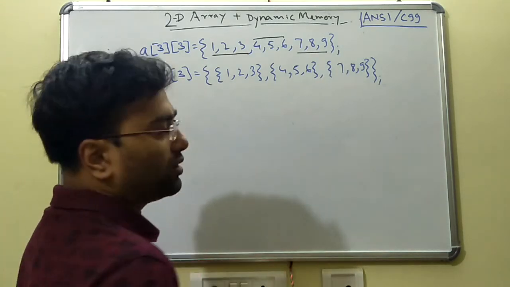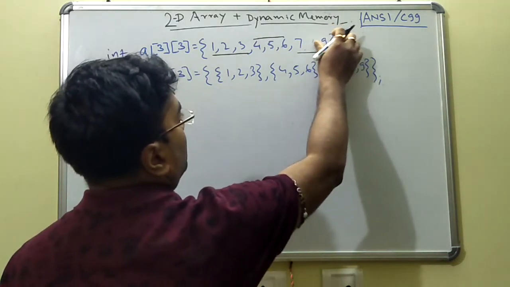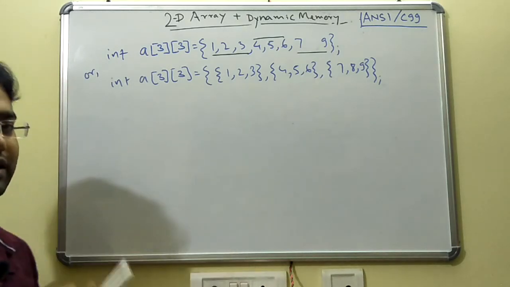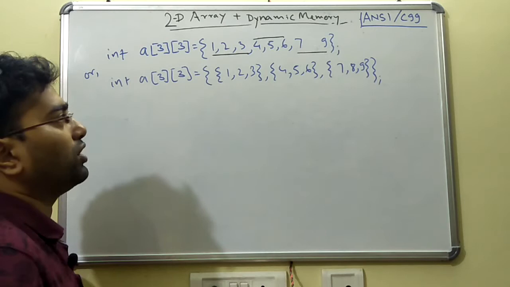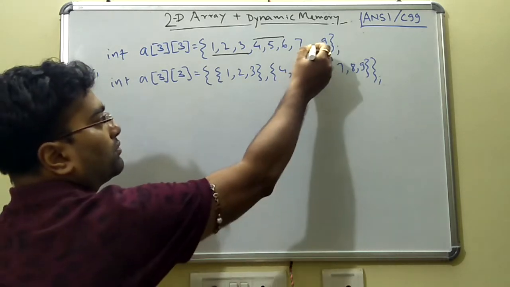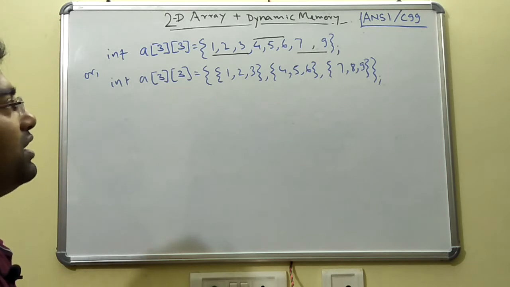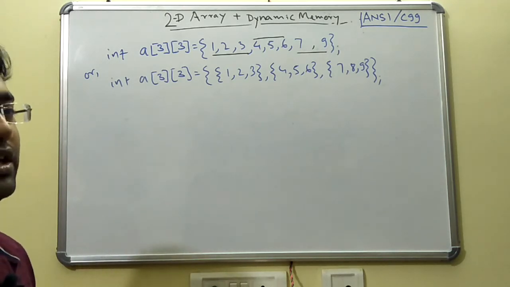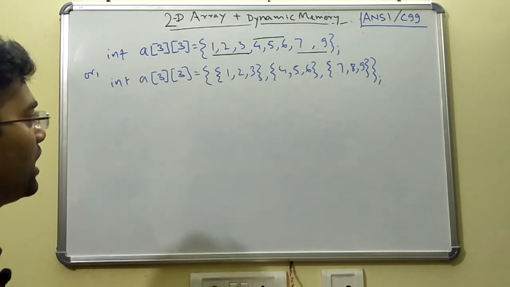Now suppose by mistake or intentionally you miss an element. The array size is 3 cross 3, so a total of 9 elements are expected, but you have only 8 elements, then the very first 8 elements will be filled up by these elements 1 2 3 4 5 6 7 and 9, and the last element will contain garbage.